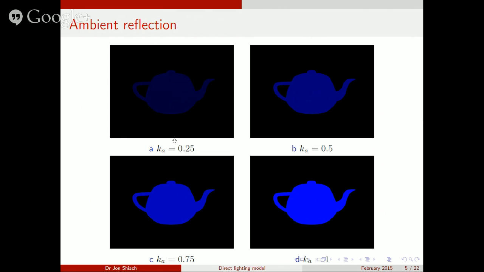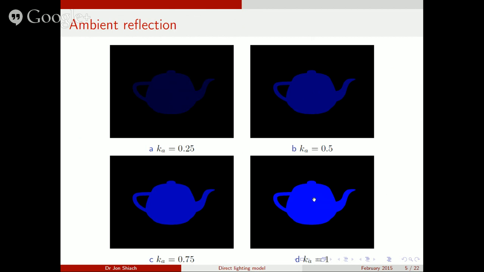If k_a is a quarter, I have a blue teapot here, and it looks kind of dark. As I increase k_a, the teapot gets lighter and lighter. When k_a equals 1, this is the actual object color of the teapot.